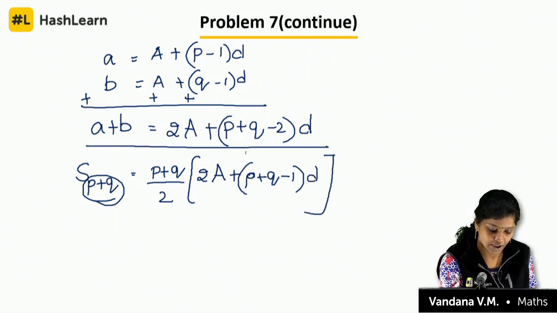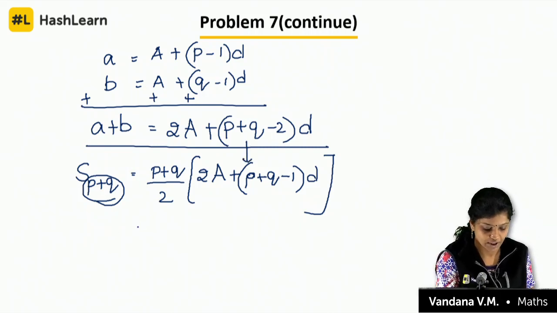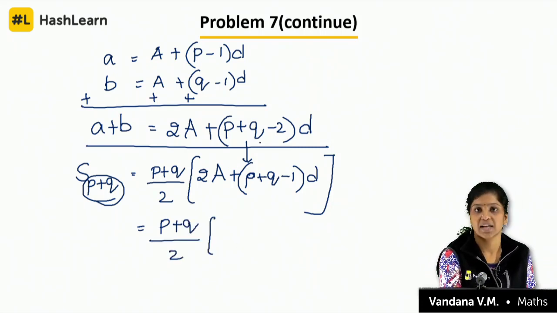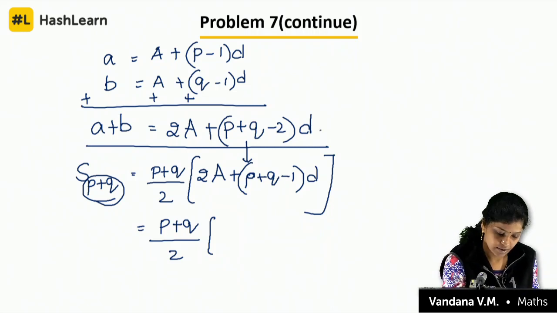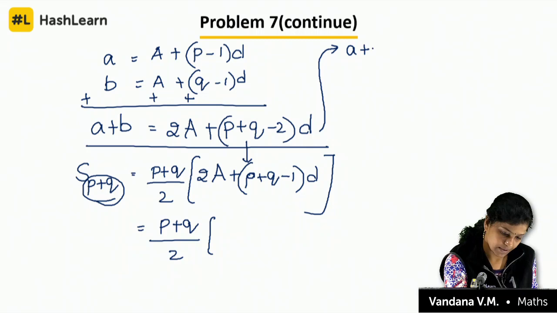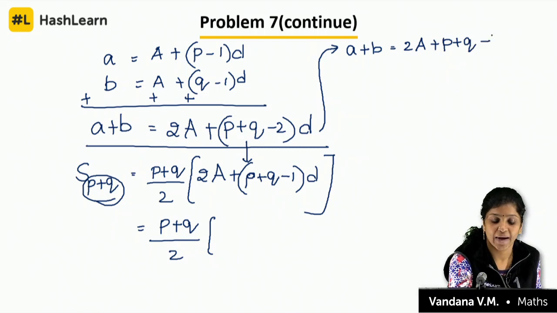Now, if I am adding, these two look a little similar, right. So, bring it that way, that is p plus q by 2 into, this value can be written as a plus b is equal to 2a plus p plus q minus 1 into d.